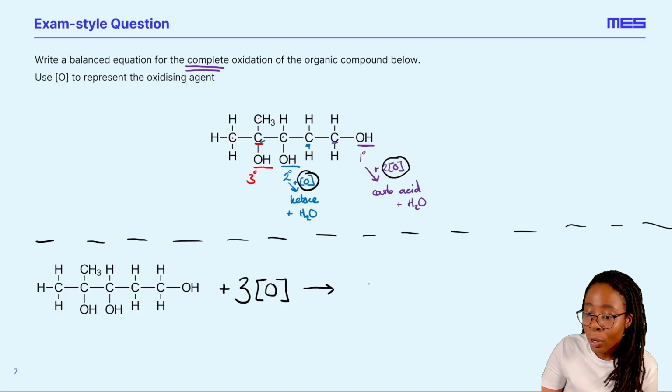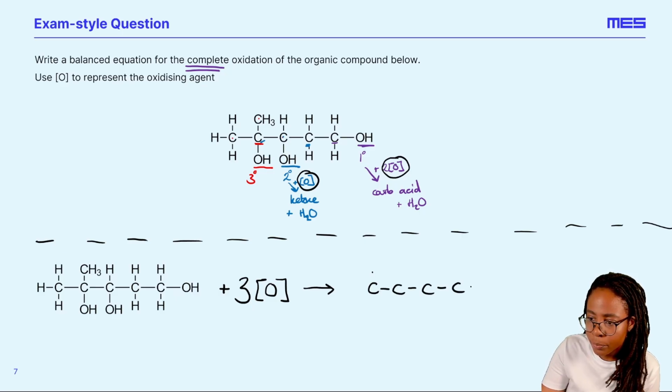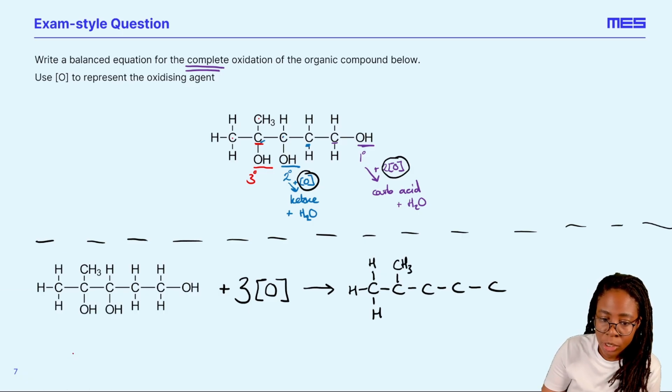Now, what is our organic product going to look like? Oh my goodness. Okay. So it's a 5-carbon chain. Starting just left to right, we've got CH3 up here. Our first OH, our red OH, is going to stay exactly as it was because it was tertiary, nothing happened.